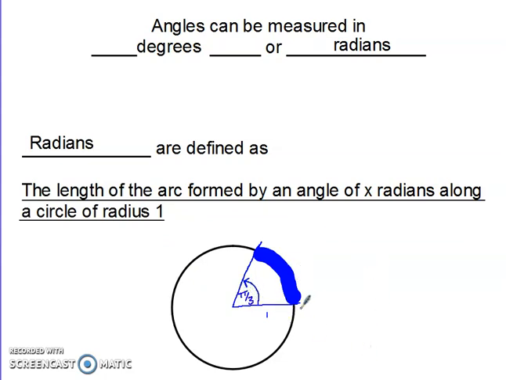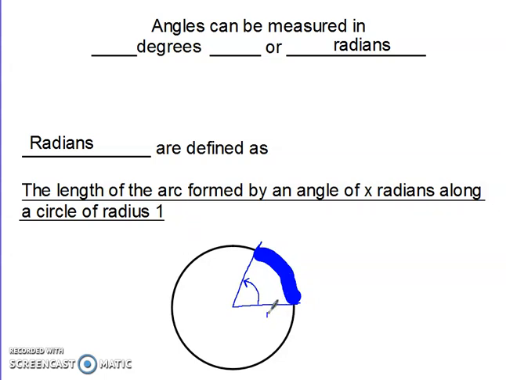Then that means that the distance from one end to the other that you might walk around this circle is going to be pi over 3 units. So radians can be translated directly into that arc length when our radius is 1.